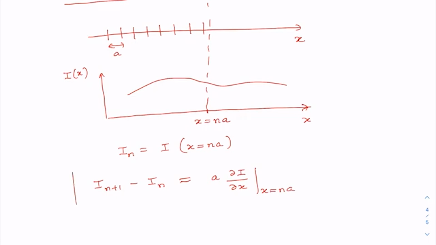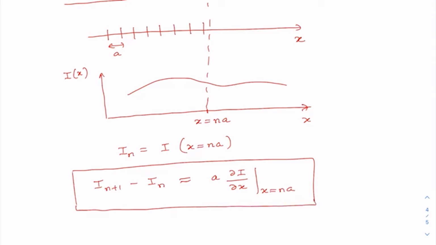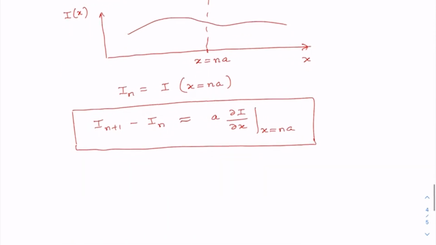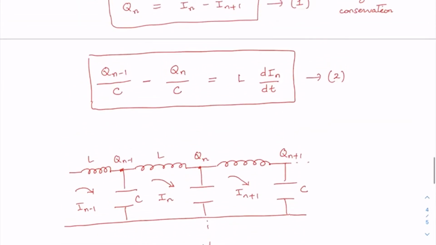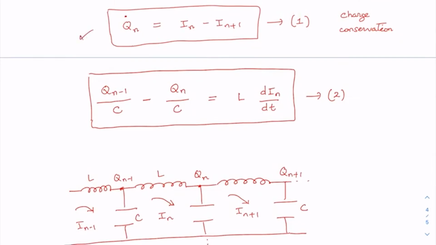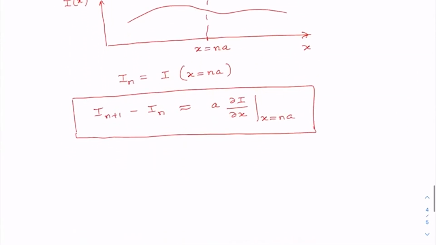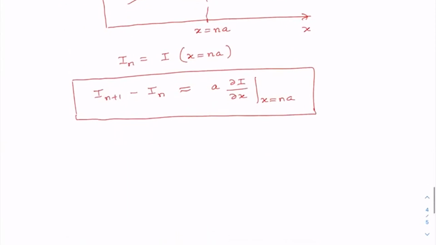When writing this expression, I am using my knowledge of differential calculus. Using this prescription, I can write equation number 1 as well as equation number 2 in the continuum limit, that means when a tends to 0, as follows.